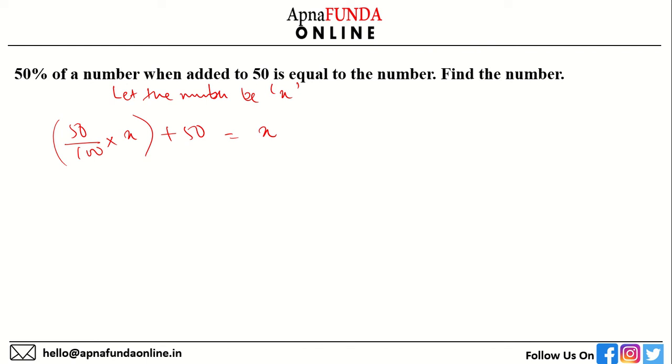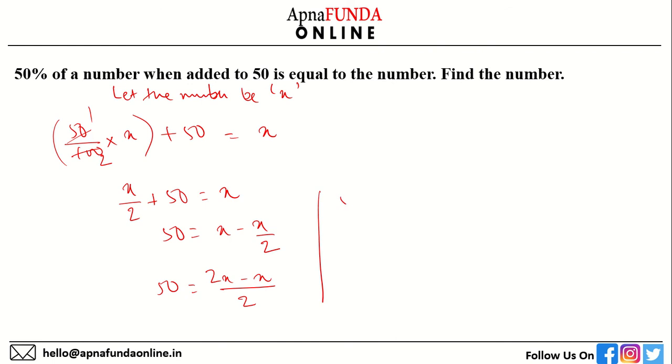Okay, so can I say this is x by 2 plus 50 is equal to x, 50 is equal to x minus x by 2, 50 is equal to 2x minus x by 2. So this ultimately gives me 50 is equal to x by 2. So 50 into 2 is equal to x. So 100 is my answer.